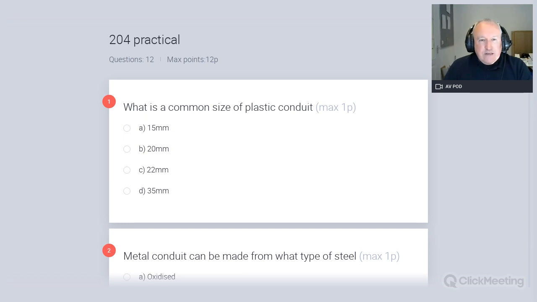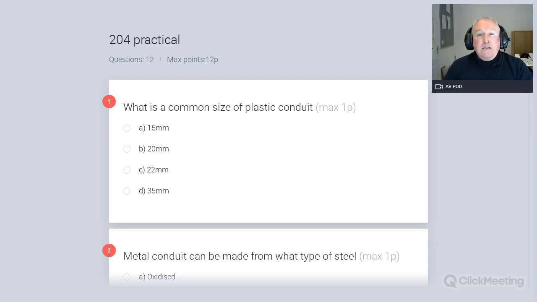Halfway through. Number 6. An extra socket outlet, not part of the ring circuit, but connected to the ring circuit, is described as a? Question number 7. What does PVC stand for, as in PVC cable? Question number 8.